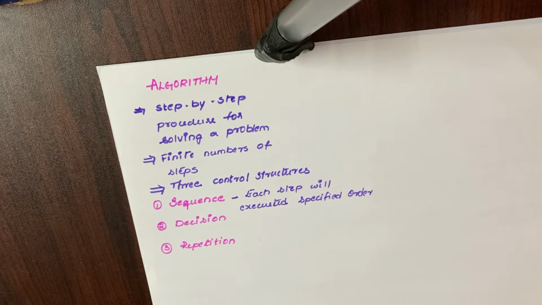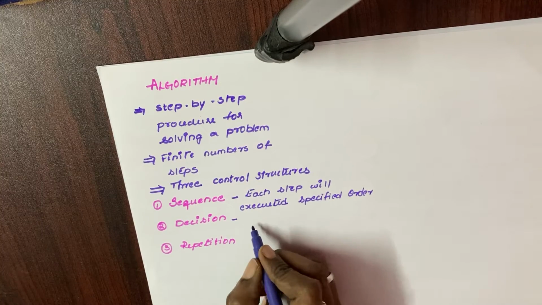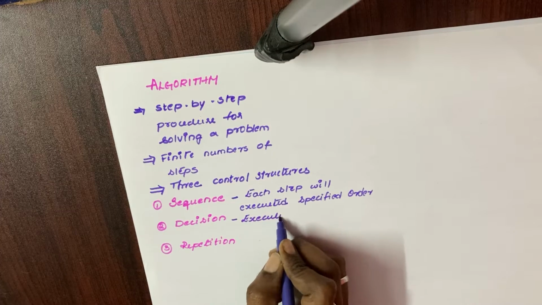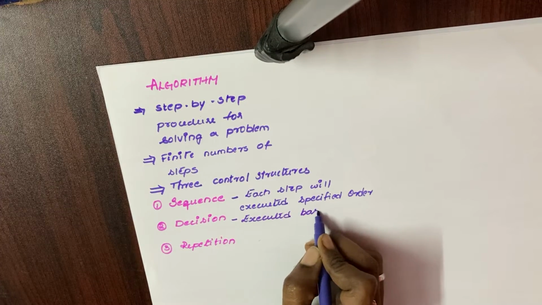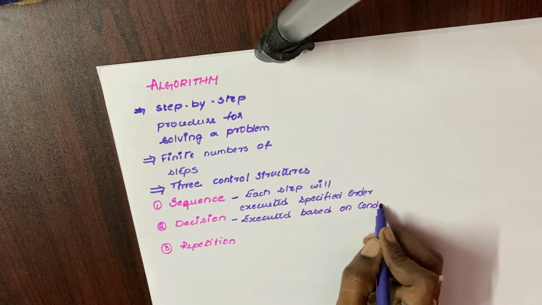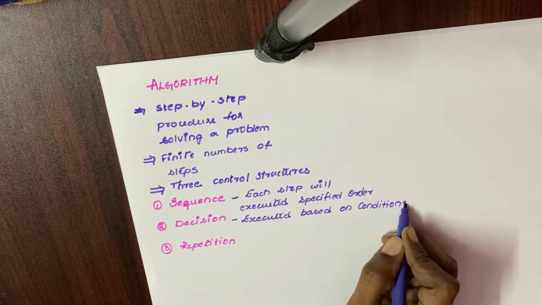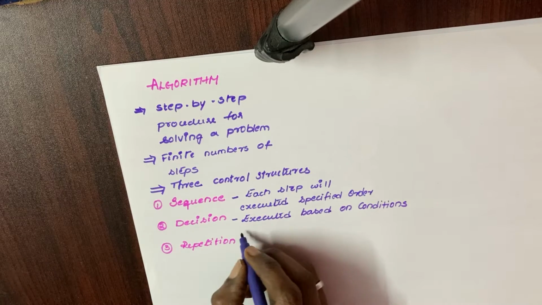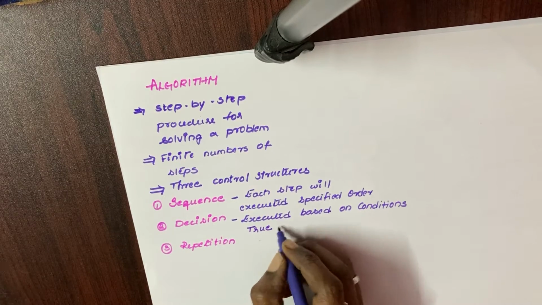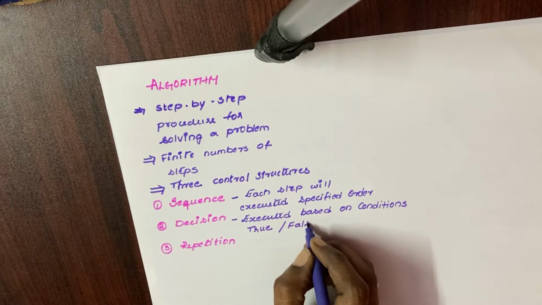Okay, and next, coming to the decision, the name itself, we are going to make a choice. It is going to be executed based on some conditions. Okay, so basing on that condition, we are getting two values, either true or false.